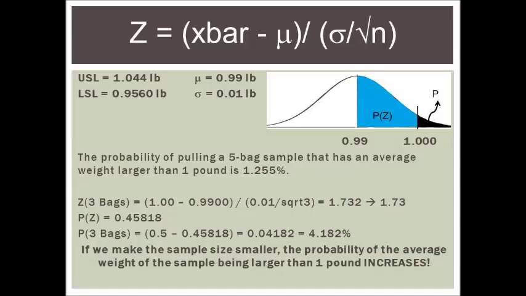But on the exam, to make this easier, I promise that the only sample sizes that I will give you for calculations such as this will be sample sizes of 4, 9, 16, 25, or 36. And you can calculate the square root of all those numbers in your head.